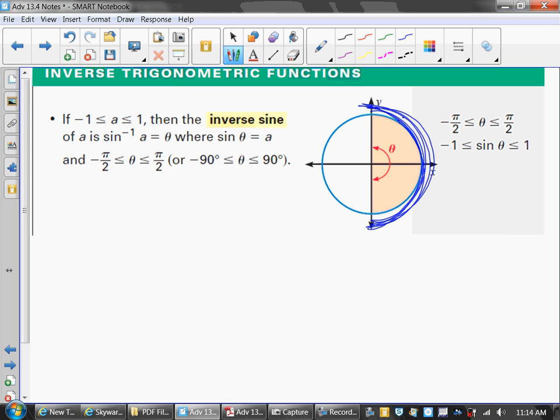So what I want to do today is kind of list out what quadrants we're looking for. There are 3 rules for sine, cosine, and tangent. For sine, your parameters for the inverse sine, you're always looking within quadrant 1 and quadrant 4. And this will make a little bit more sense when I give you some examples here. So sine is always between quadrant 1 and quadrant 4.